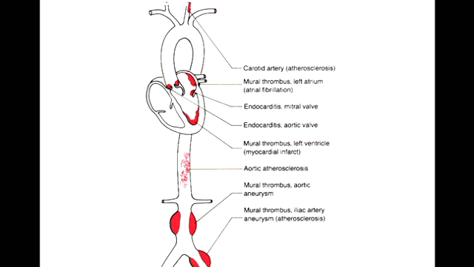Now, what is not mentioned here, and it should be, basically because it's not a lesion as such, and Seb will be talking about this when he talks about stroke next week.